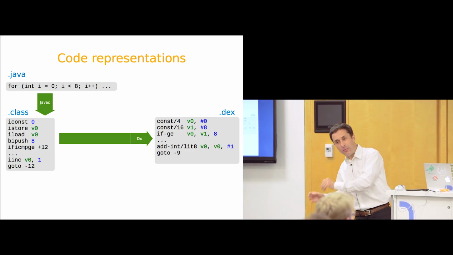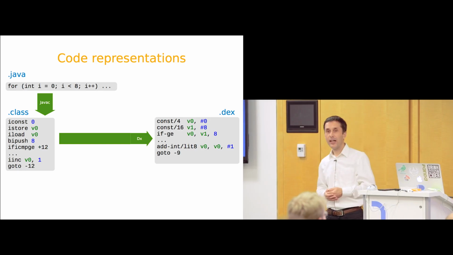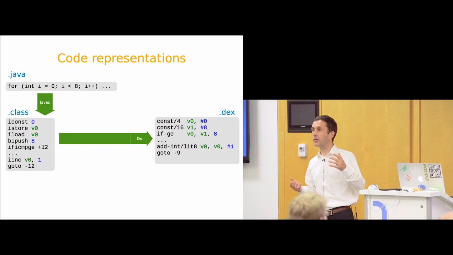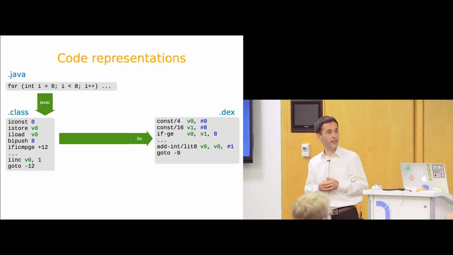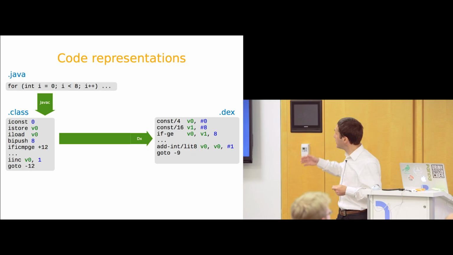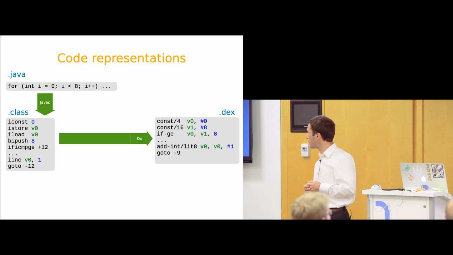Going a little bit deeper into what happens internally, I wanted to give you a flavor of what this code looks like. I've been talking about Java source code, which you probably know very well. I've been talking about Java bytecode, Dalvik bytecode. So say that you have a simple statement in your Java source code, a for loop.